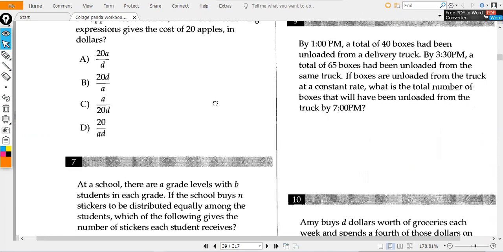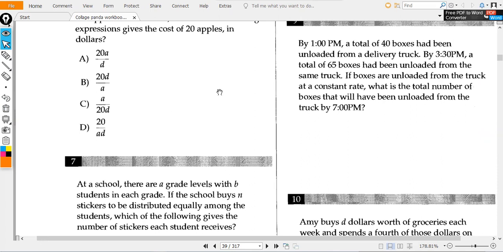Number 9. The same logic with a different story. By 1 p.m., a total of 40 boxes had been unloaded from the delivery truck. By 3:30 p.m., a total of 65 boxes had been unloaded from the same truck.